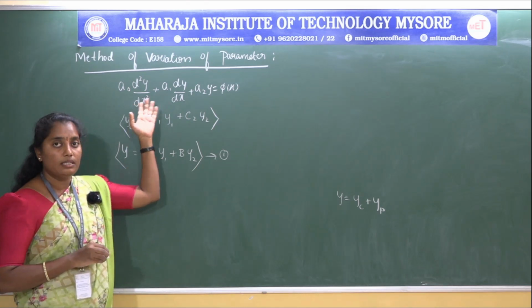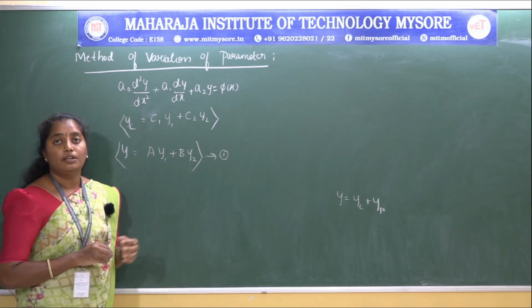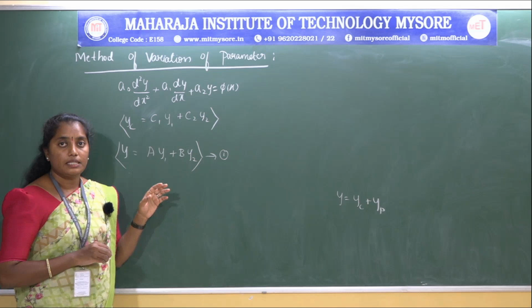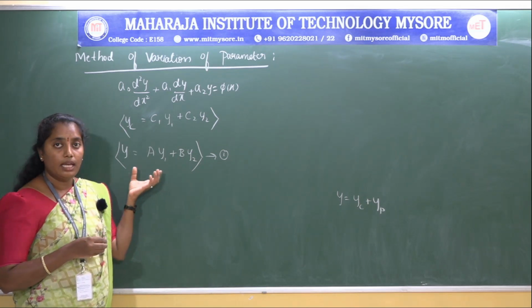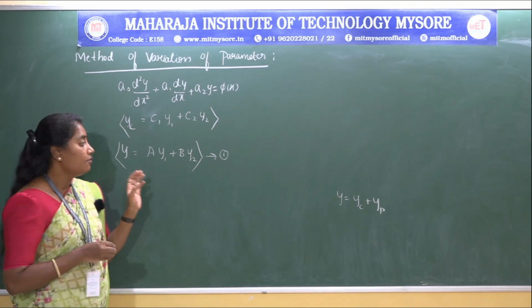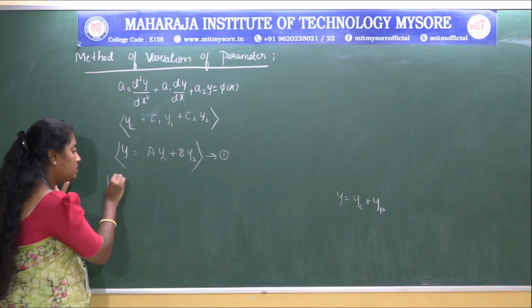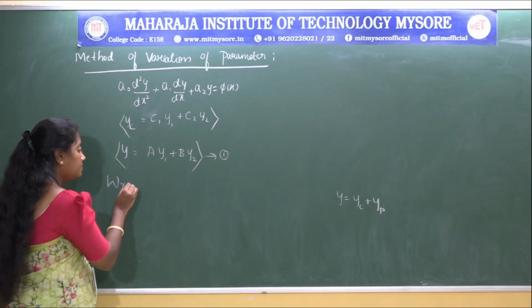In this example we have x as the independent variable, so y1, y2 are functions of x. So first we write the complementary function in this form, a y1 plus b y2. After writing this we have to find a function called the Wronskian function.